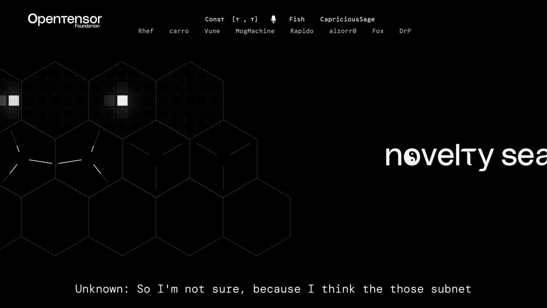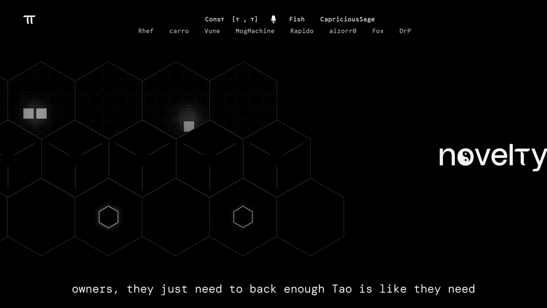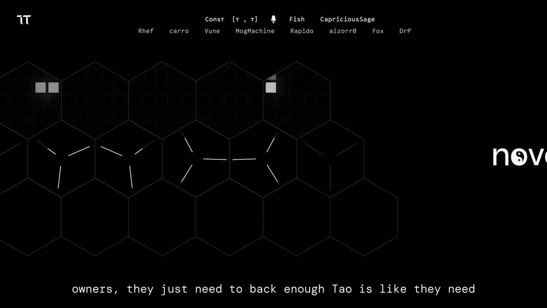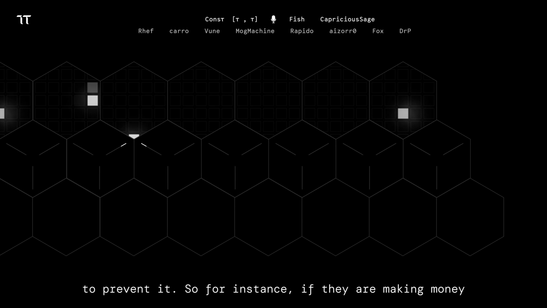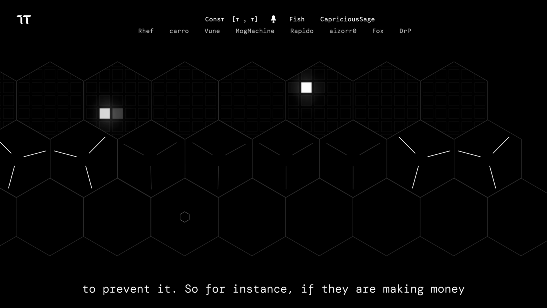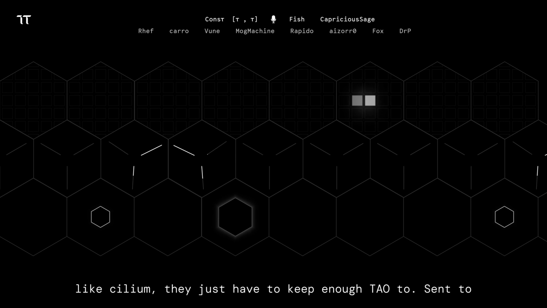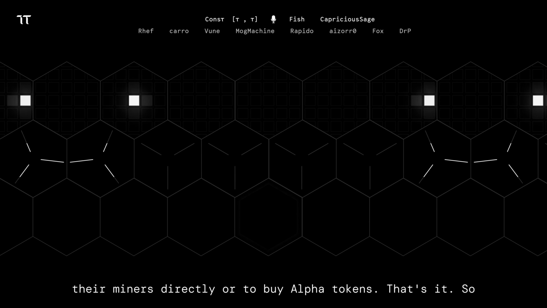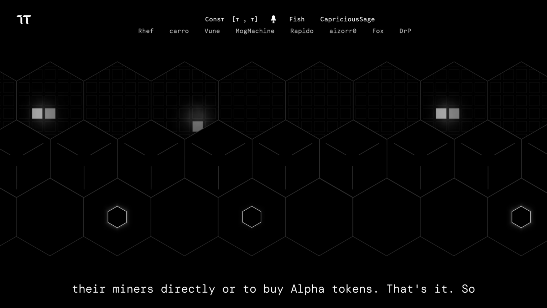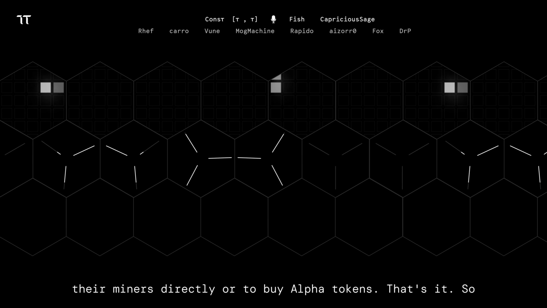So I'm not sure, because I think those subnet owners, they just need to back enough DAOs to prevent it. For instance, if they are making money like Celium, they just have to keep enough DAOs to send to their miners directly, or to buy alpha tokens. That's it.